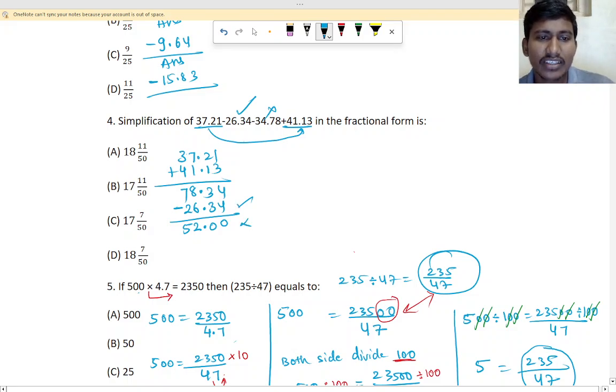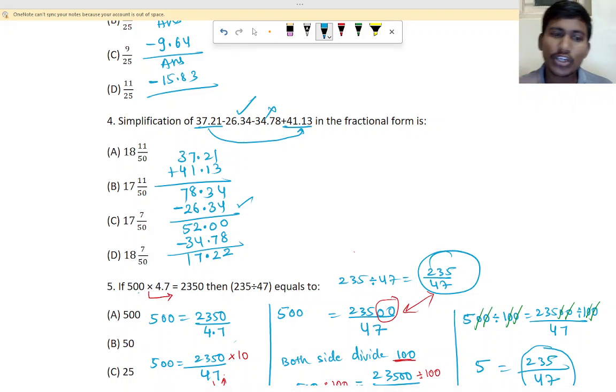Minus 34.78. So we have to borrow, isn't it? So 2 here, point as it is. Here 7, and here 1. 17.22 is the answer. You got 17.22.